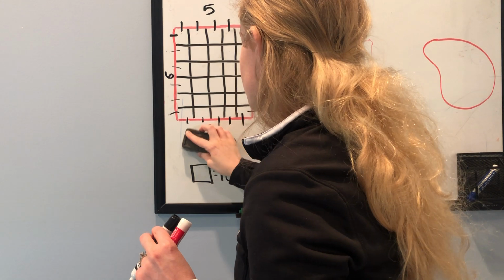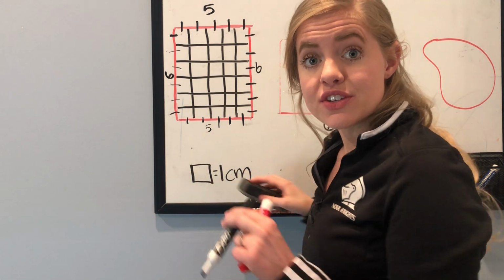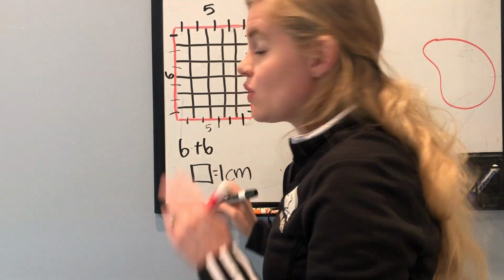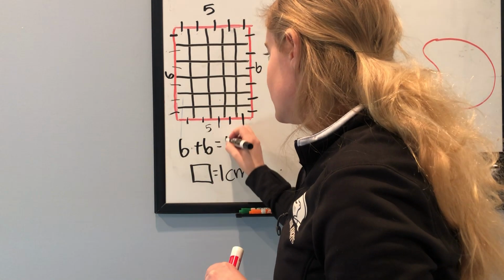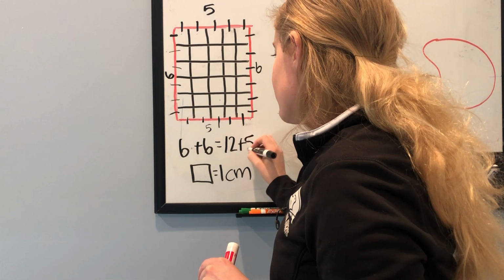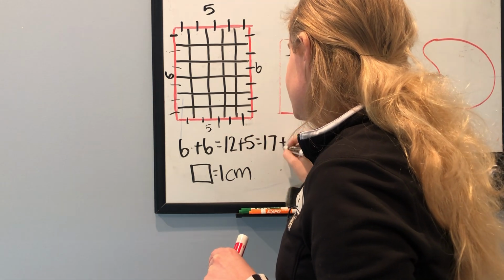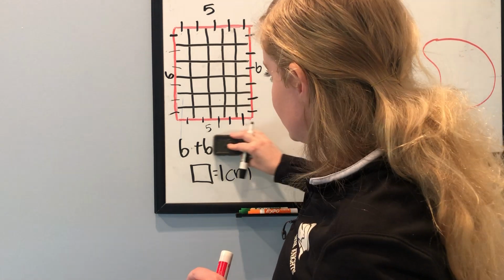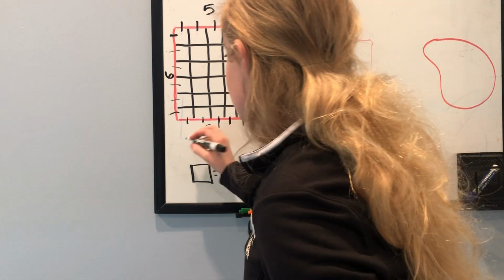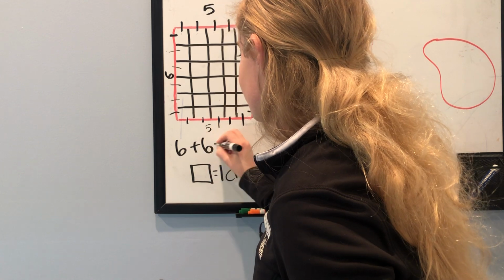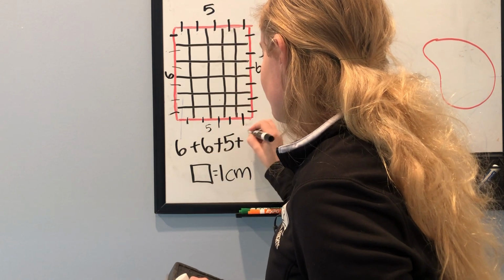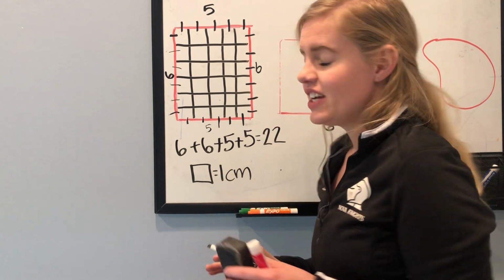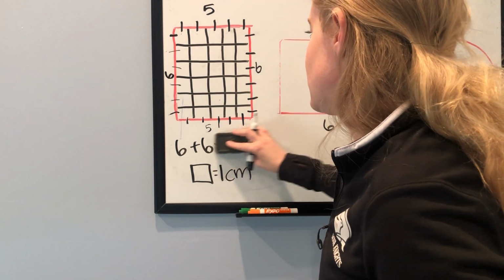So 6 plus 6, which is 12, plus 5, which is 17, plus 5, which is 22. Or, to look at it in an easier way, 6 plus 6 plus 5 plus 5 equals 22. So that's how we found the perimeter of this shape.